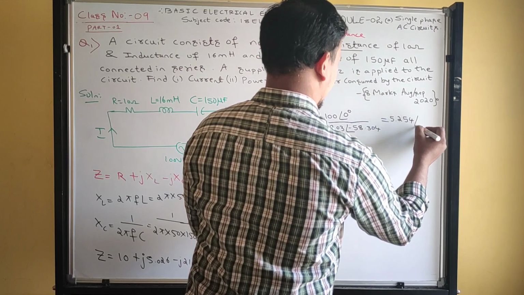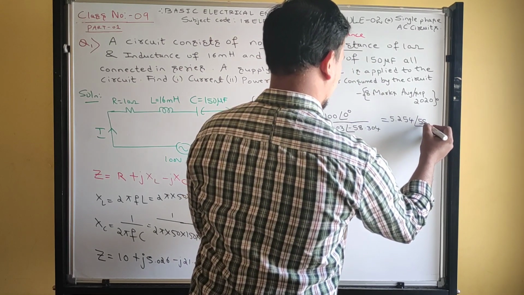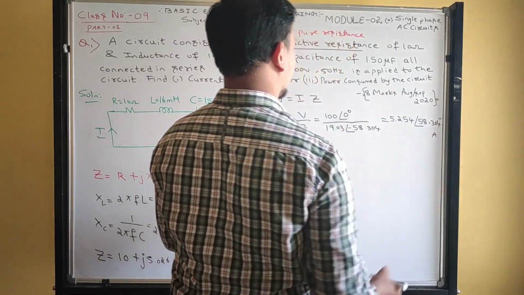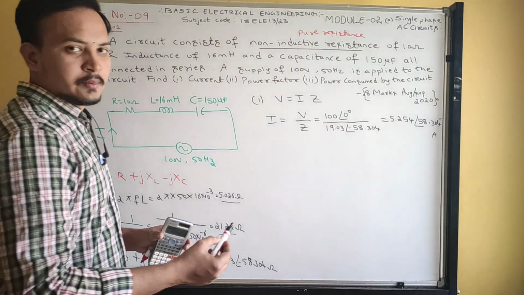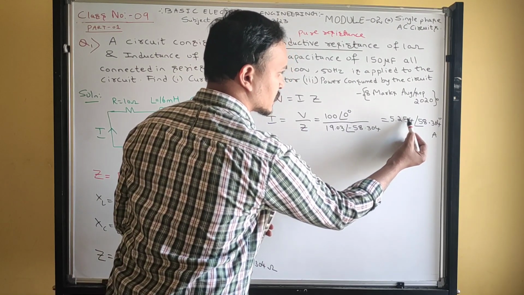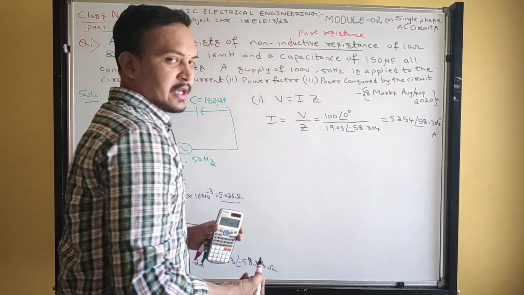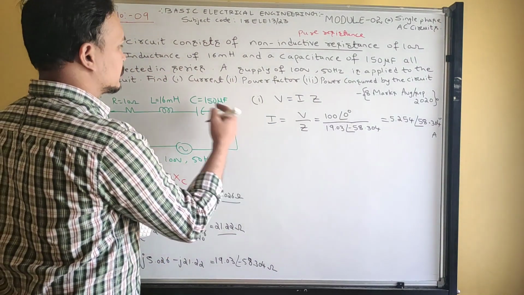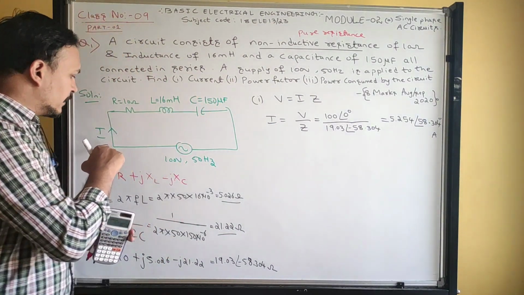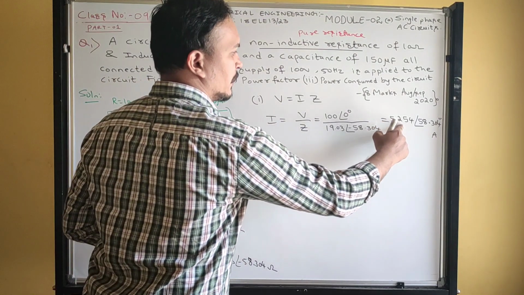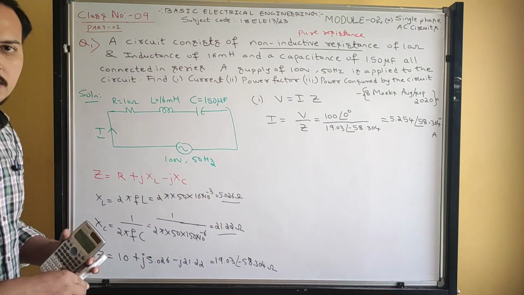So we got the answer 5.254 at an angle of 58.304 amperes. In polar form this is called the magnitude. This value is an RMS quantity and that is the phase angle. So we calculated the current in the circuit. What is the RMS current? 5.254 amperes.